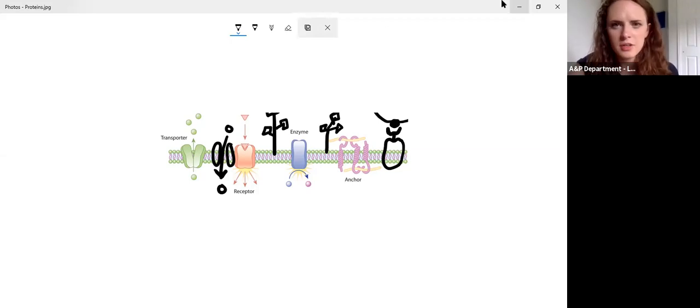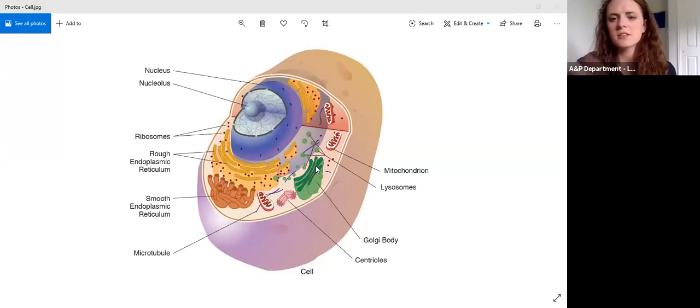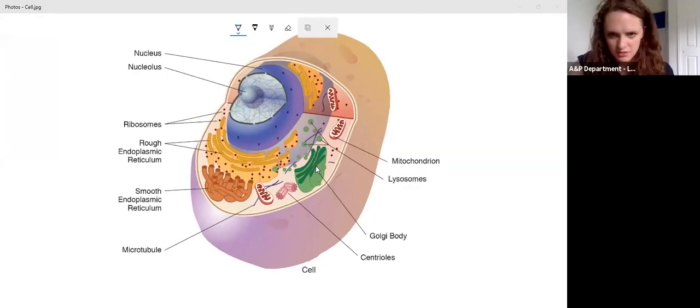Okay, the next structure of your cell. Going in. Okay, we are going to start going over all of the things that are found actually inside the cell. So we just went over this membrane. You can kind of see it's that double layer, phospholipid bilayer.